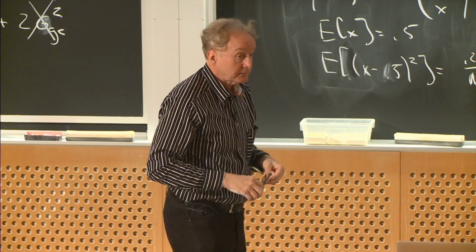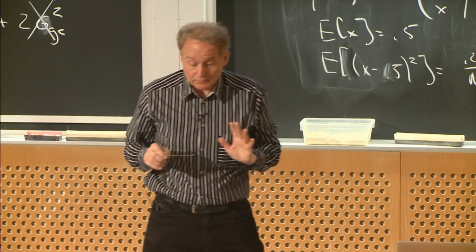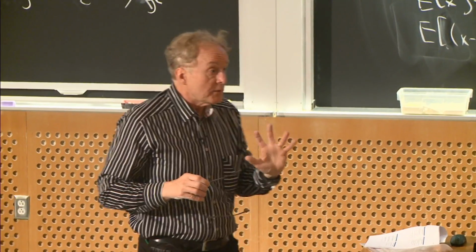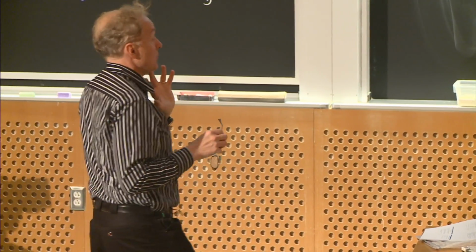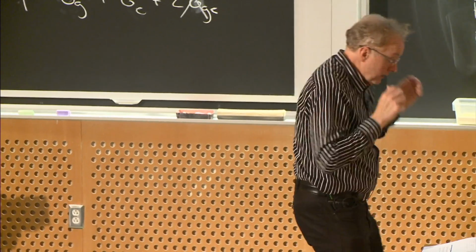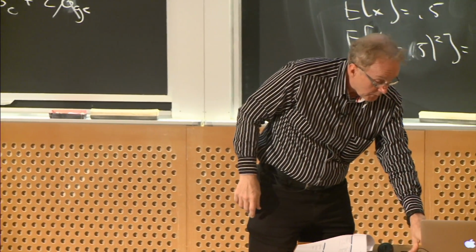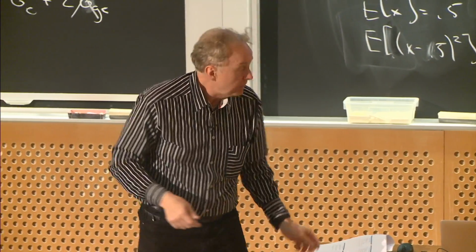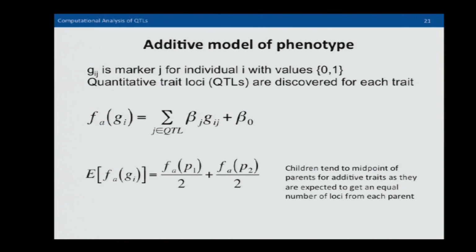Now, if we think about our models, we can see that narrow sense heritability has some very nice properties, right? That is, if we build an additive model of phenotype to get at narrow sense heritability, we're going to constrain F here to be linear.